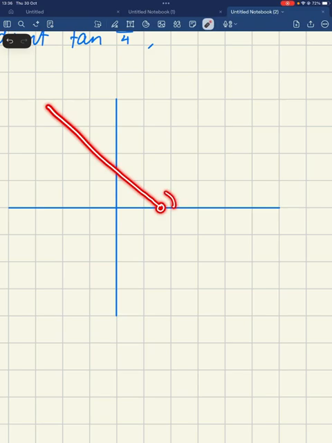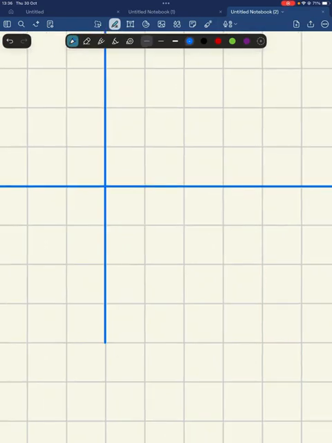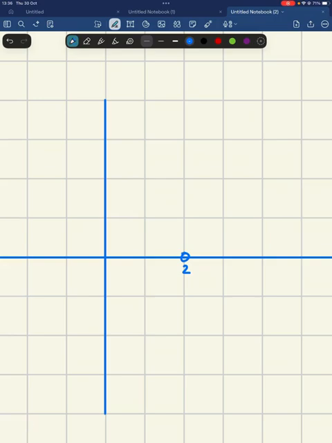That's our angle of 3 pi by 4. So we have an open dot, and then a gradient of minus 1, something like this.